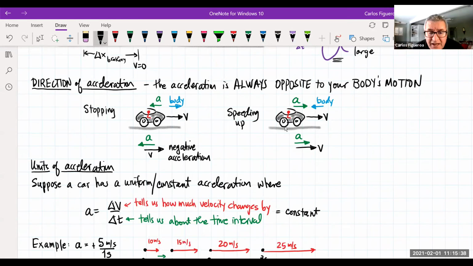But if you're speeding up, you feel your body being pressed into the seat. And because your body's being pressed into the seat, the acceleration is opposite the direction of your body's motion. So therefore, this is what we call positive acceleration. Even though in everyday language we talk about positive, we could talk about acceleration in physics.